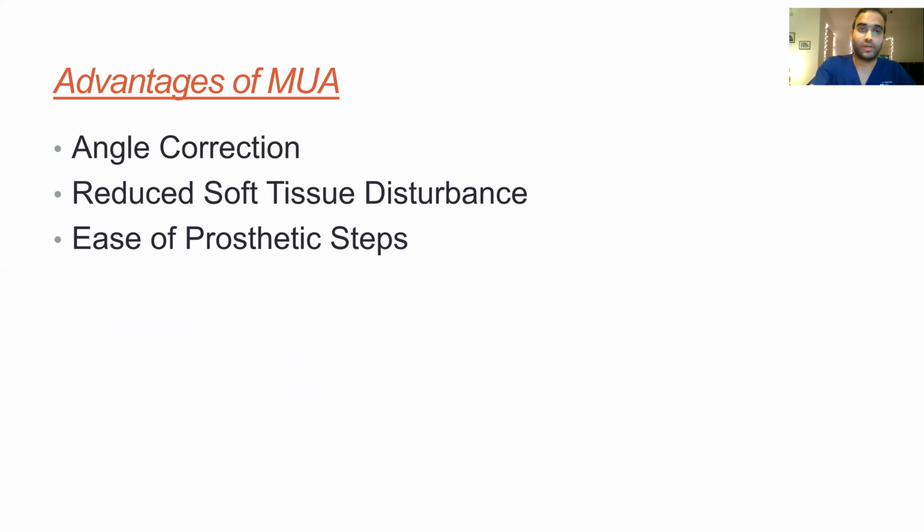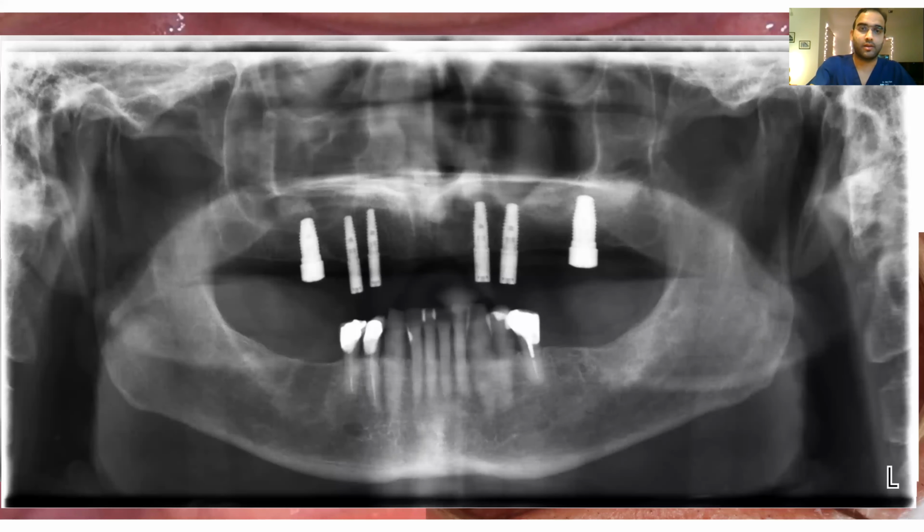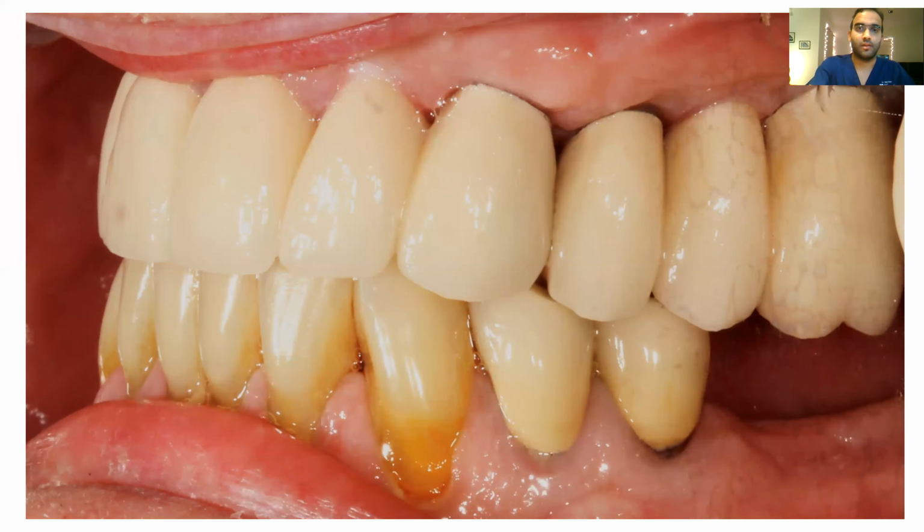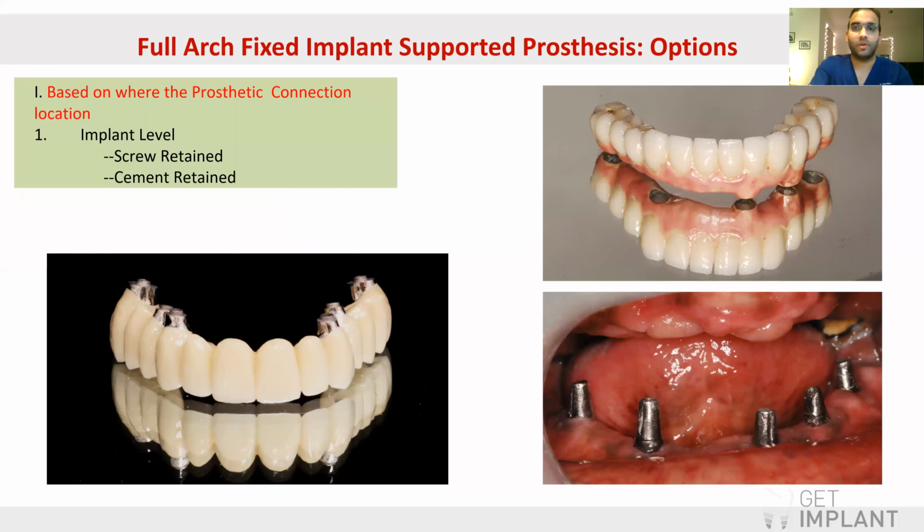Now, in a cement retained prosthesis, like this one, if one of these abutments fractures or fails, it is almost impossible to make the same abutment like this.